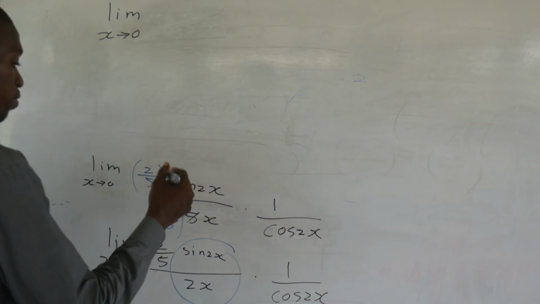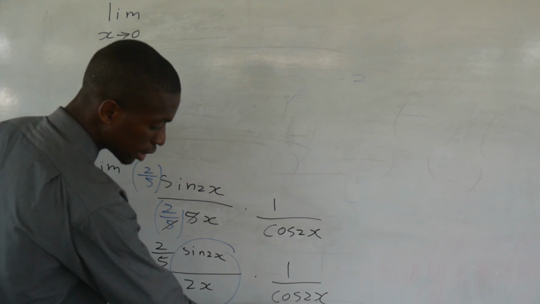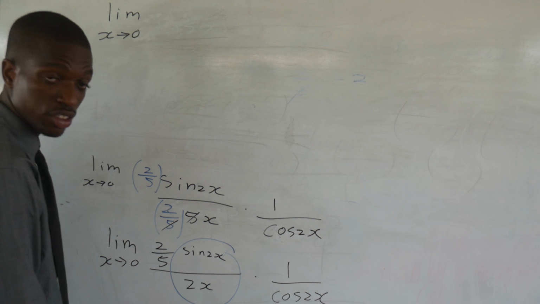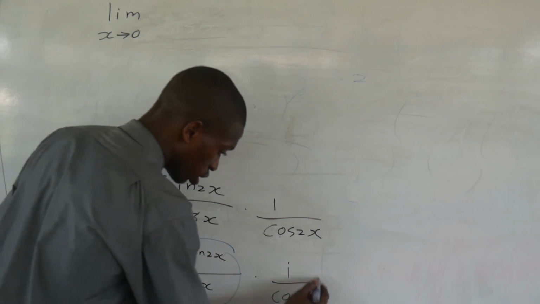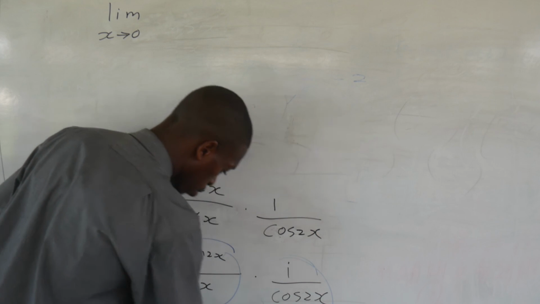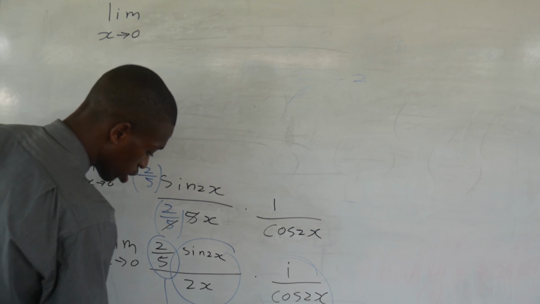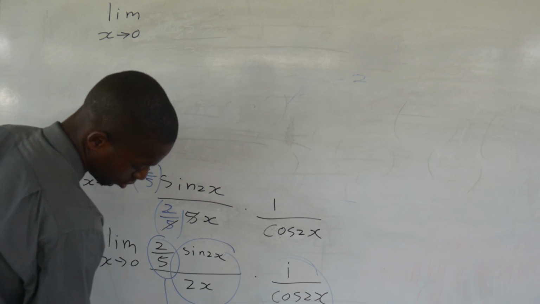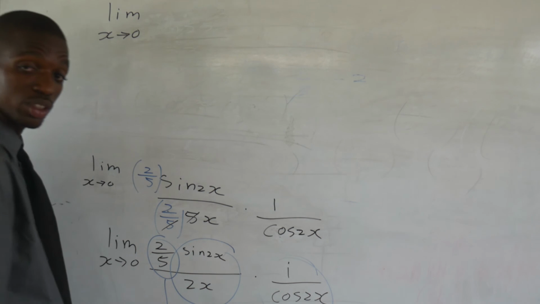And we have 1 divided by cos of 0. Cos of 0 is 1, so 1 over 1 is just 1. This is also 1, and 2/5 will just be 2/5.